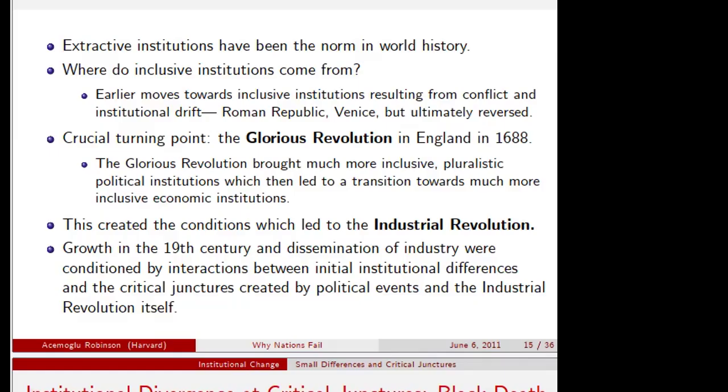So this is not an accident. This is how societies are, and after some critical junctures or drift, institutional changes happen and countries grow. These are just phases of growth.